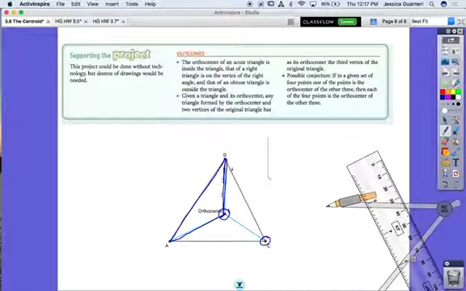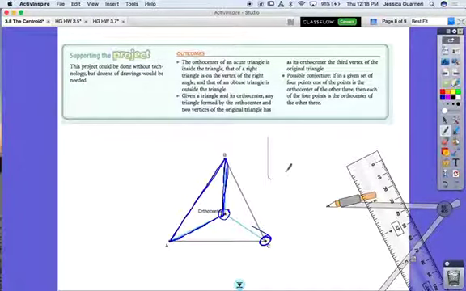There's 3 different triangles here. There's a triangle here, and a triangle here. If I created a triangle from the orthocenter and 2 vertices, then the other vertex of the original triangle is the orthocenter of the new triangle.